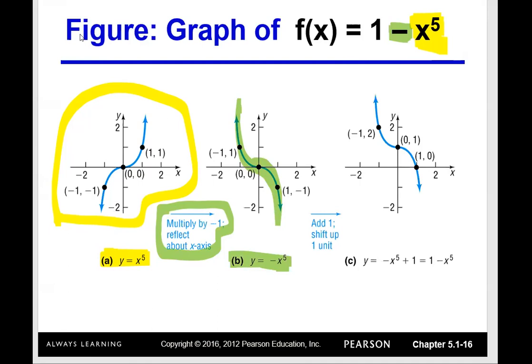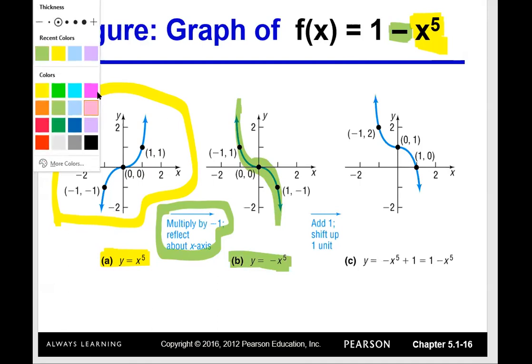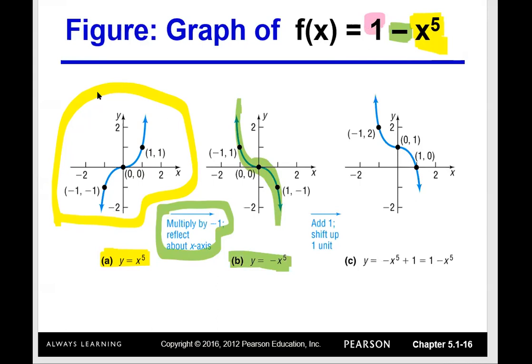And then they took the fact that you have this 1 right here, which technically is a +1, and that's what they wrote. We're now looking at negative x to the fifth plus 1, which is the same thing as 1 minus x to the fifth. That +1 is going to shift it up 1 unit. And it did.